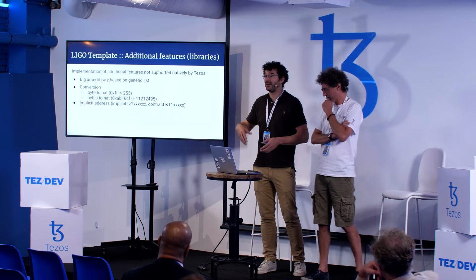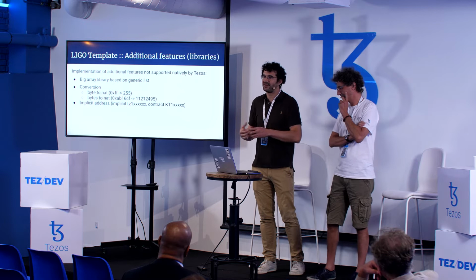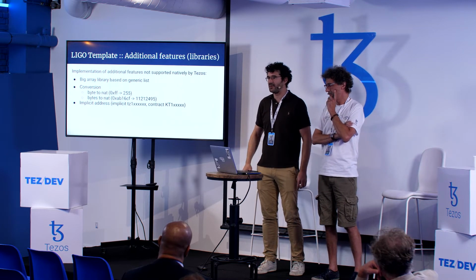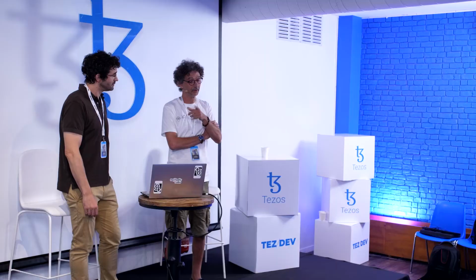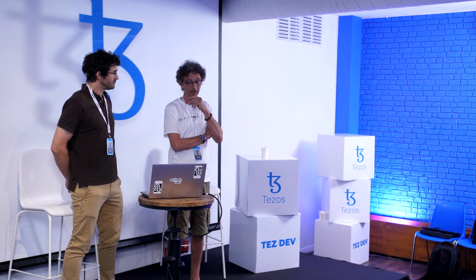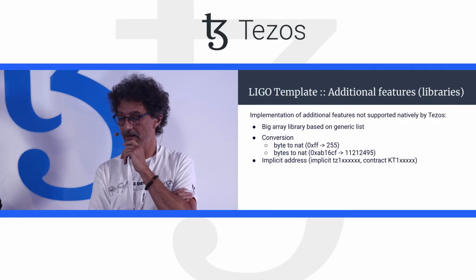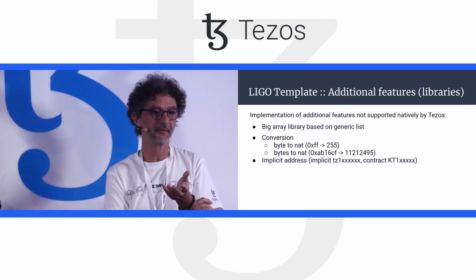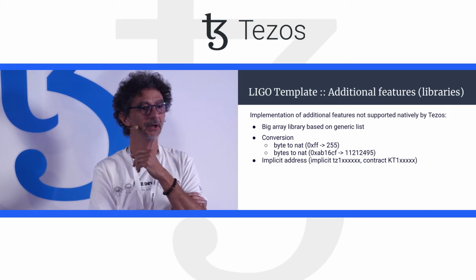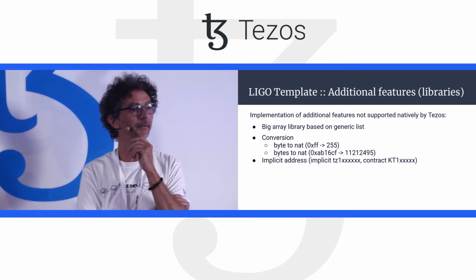Because sometimes you need to have a different behavior if the caller, the sender, is a contract or is a person. Maybe the fee management is different if there is a contract calling you or if it's an account. So, just a remark about the conversion. It shows that the libraries and the language we have do not bring enough features, because if you go through the function we wrote for bytes to nat, you should be surprised by the number of lines of code.